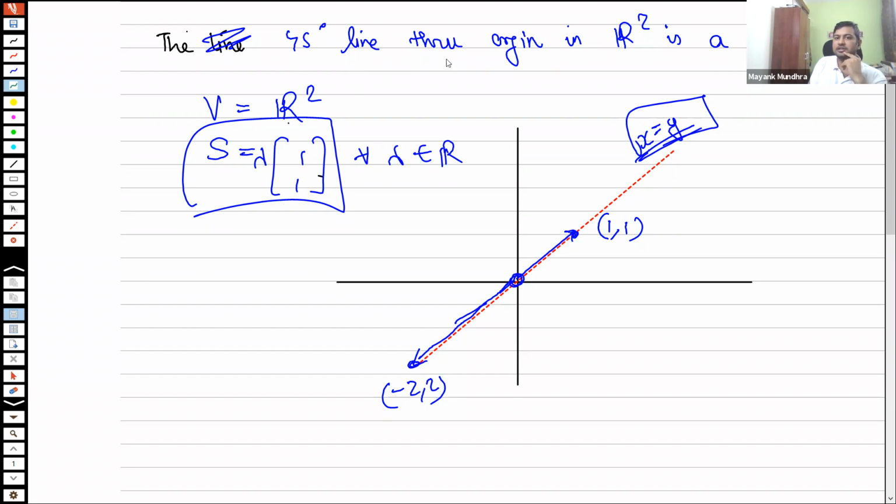My claim is that this is a subspace. The idea is that if I take any two vectors along this line and take a linear combination of them, I should continue to get a vector which is again along this line.